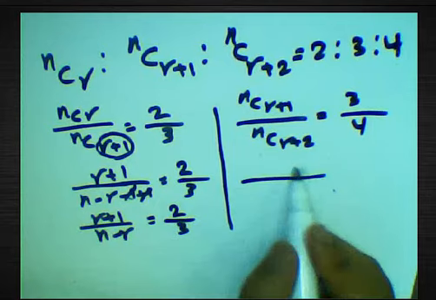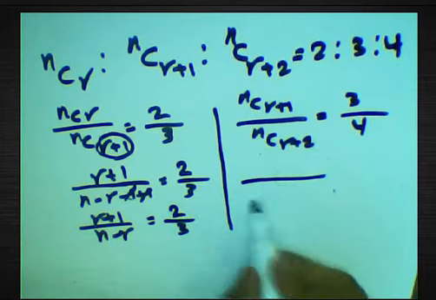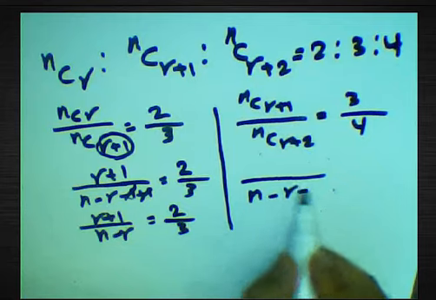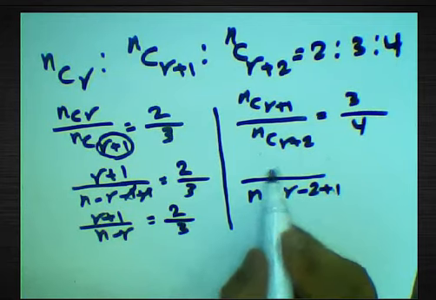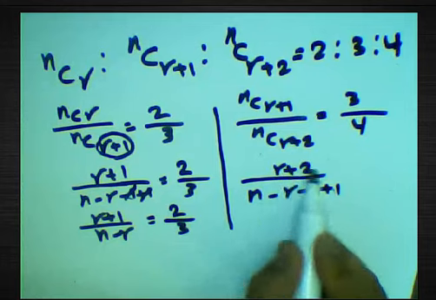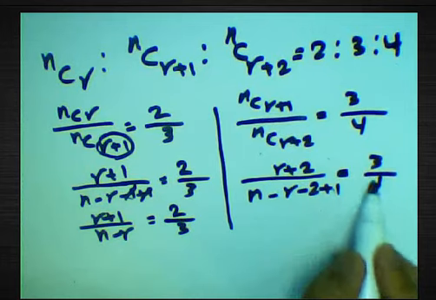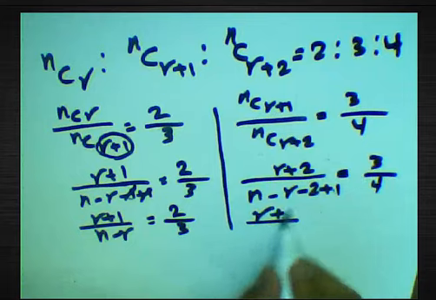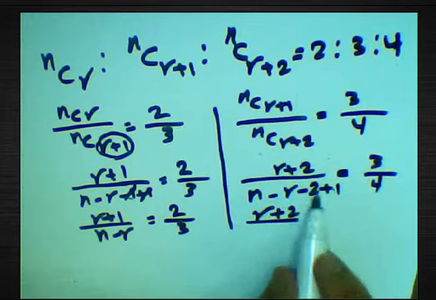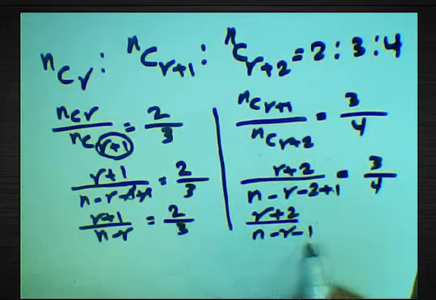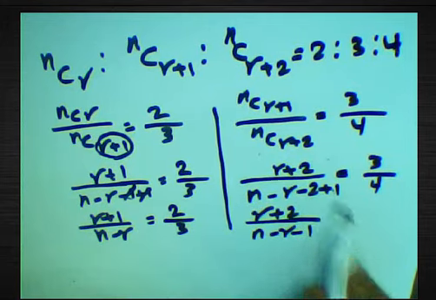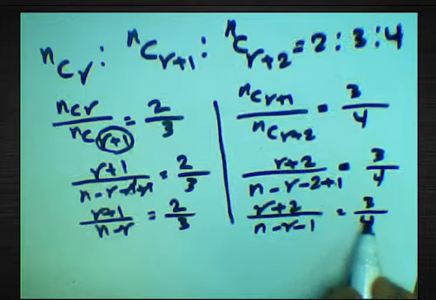And here the greatest down again, then we can write n subtract the greatest, r minus 2 plus 1, over the greatest, r plus 2. The result will be 3 over 4. And then we can write r plus 2 over n minus r minus 1, since negative 2 plus 1 equals negative 1.